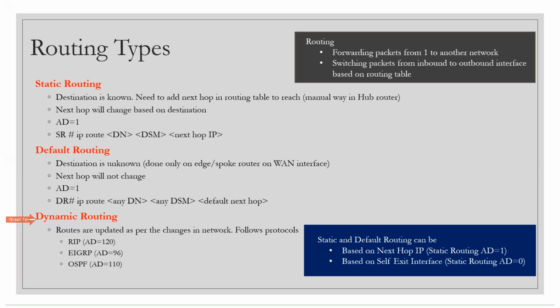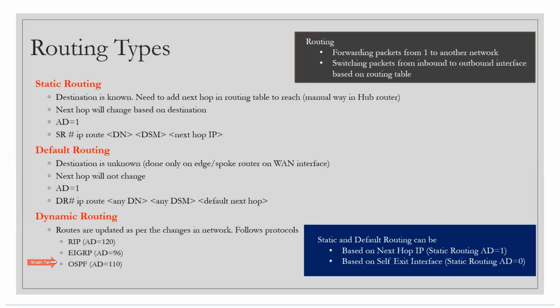So your dynamic routing will be based on multiple protocols, let's say RIP, or we have EIGRP, or we have OSPF. RIP stands for Routing Information Protocol. That has version 1 and version 2, and the AD is 120. EIGRP is a Cisco proprietary protocol, with AD equal to 90, and that stands for Enhanced Interior Gateway Routing Protocol.